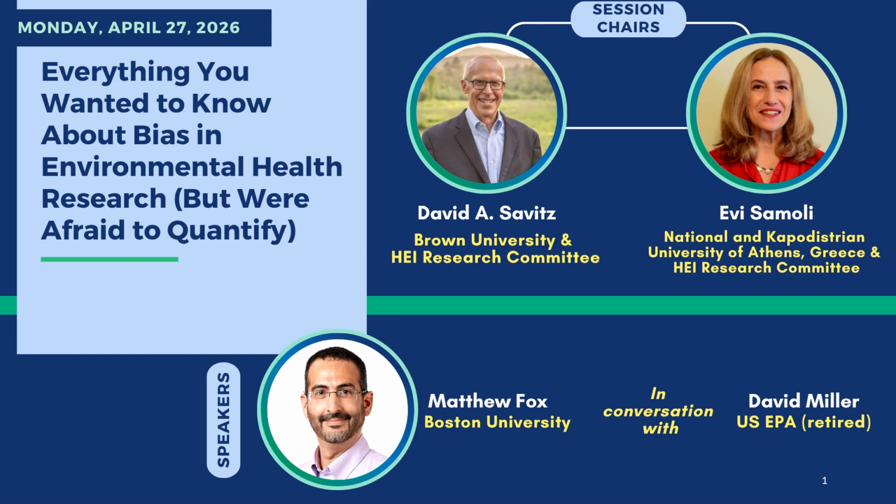Thanks for stimulating dialogue. I wanted to ask about one of the more sociological aspects, I guess, of this. I'm pretty sure there's an asymmetry in how one would view bias towards the null versus bias towards a larger effect. And for the young investigators here, can you really publish a study in which you do a quantitative bias analysis that converts a null study into a positive result? For a regulator, I've worked at EPA for 14 years.